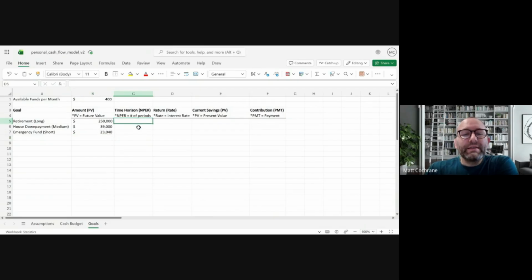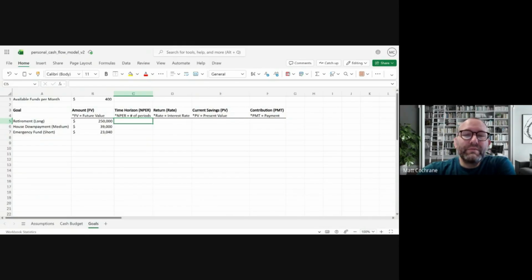All right, the next big piece is the number of periods that we have until we want to reach this goal. So how long is it going to take to get to $250,000 is the question. Well, that depends on when you want to retire and what your current age is.